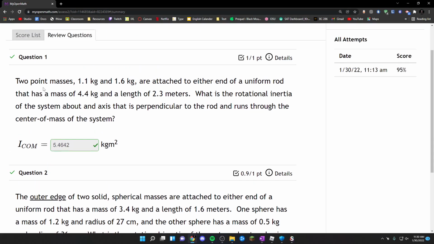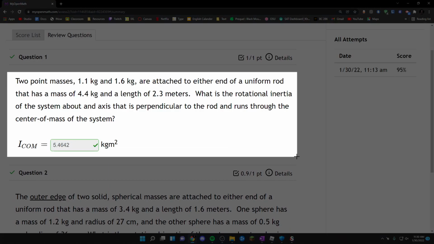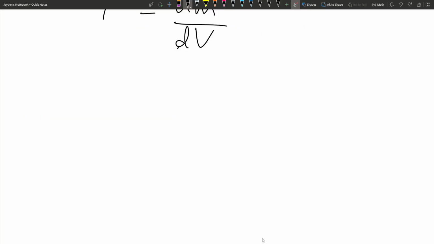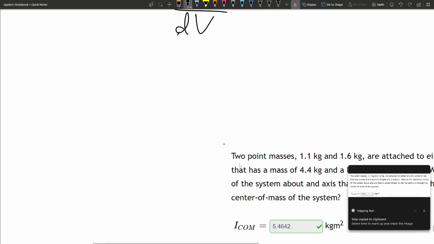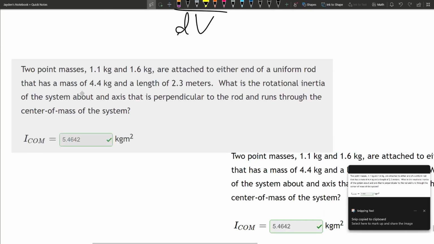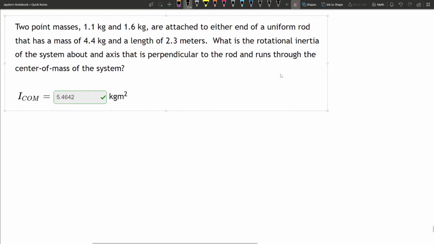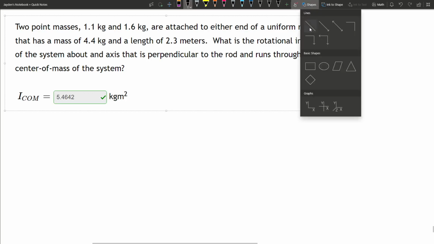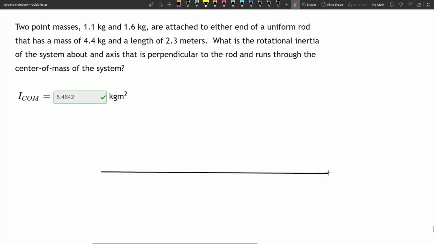Okay, so now let's actually try to answer a problem. For this question, it says there are 2 point masses, 1.1 kilograms and 1.26 kilograms, attached to either end of a uniform rod that has mass 4.4 kilograms and a length of 2.3 meters. So what does that look like?